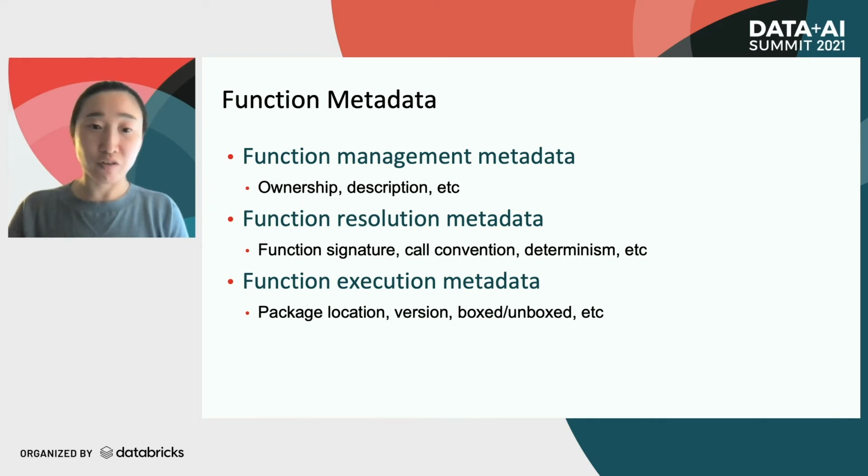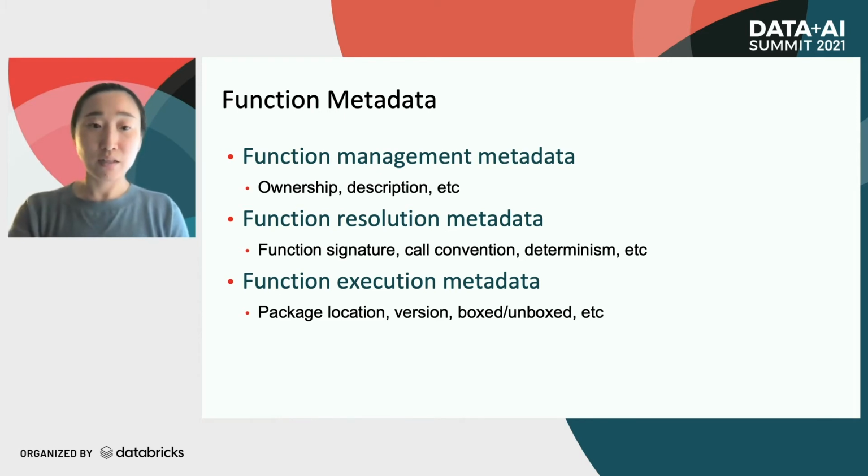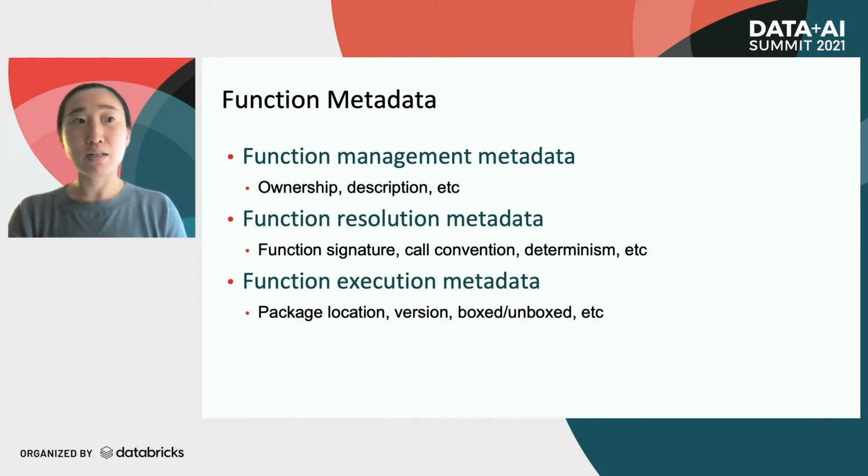These include the function signatures, call conventions, etc. And then there's the execution side of the metadata: what the package info is, like where do we find the function, what the versions are, whether the implementation is boxed or unboxed, etc. These are things that we try to directly extract from the Java implementation, so users don't need to specify them.